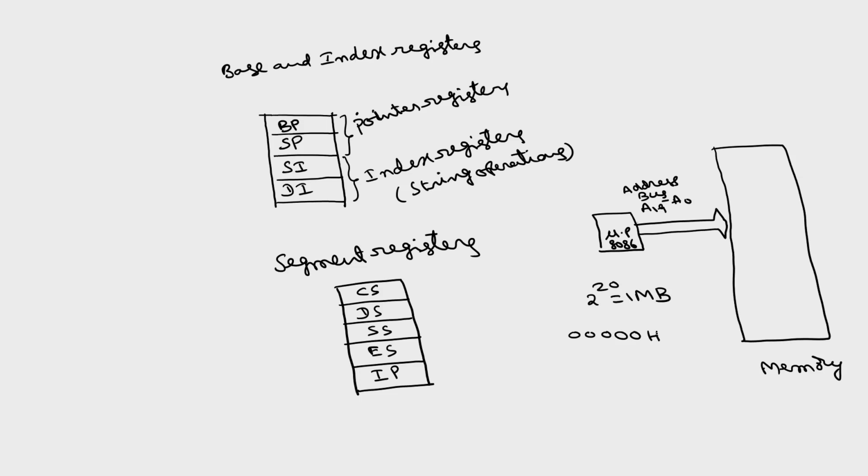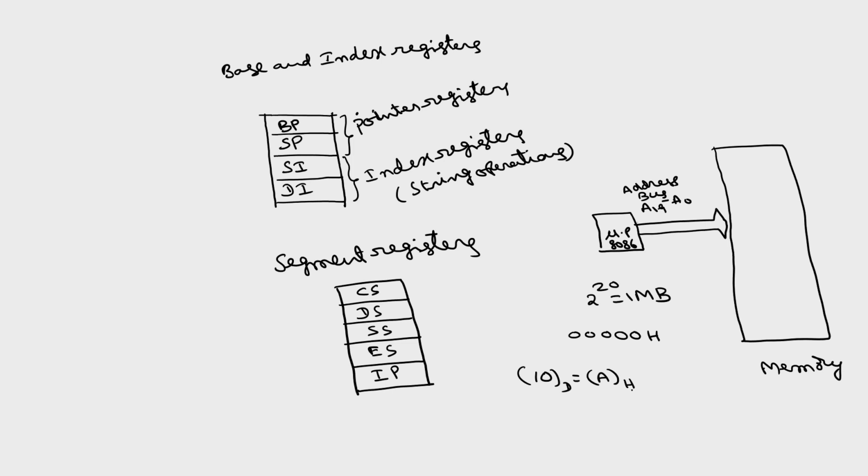normally the memory will be addressed by using hexadecimal numbers. You know this hexadecimal number system. 0 to 9 is same as decimal, and decimal 10 is equivalent to A in hexadecimal.